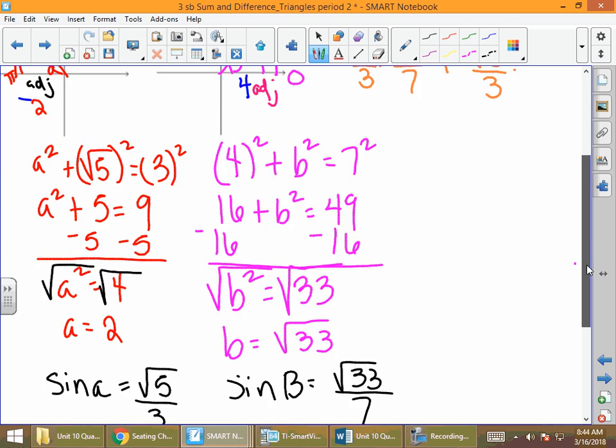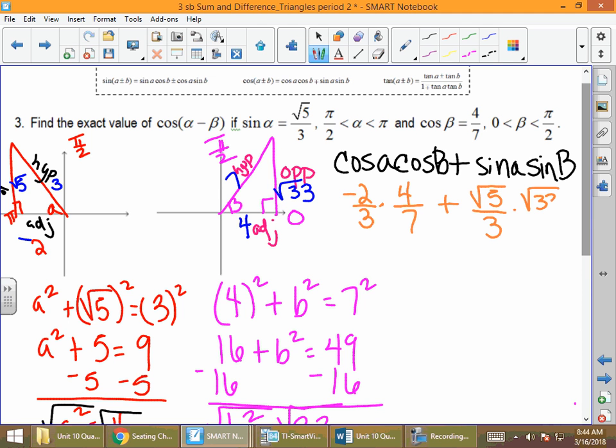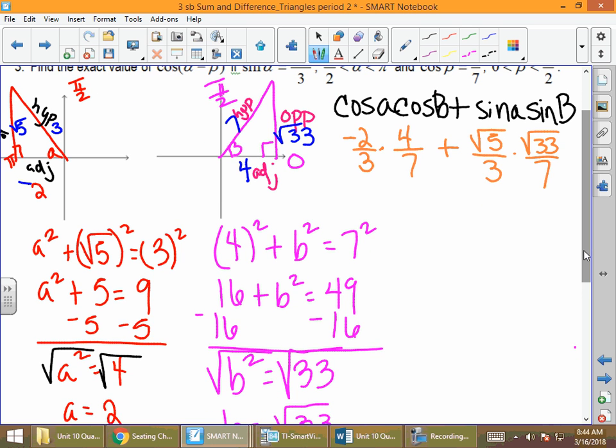And sine of beta is the square root of 33 over 7. And then we're going to multiply. So definitely, again, with your fraction button, if you need to, we get -8/21 there when we multiply the tops together and the bottoms together. Over here, we can multiply the square root of 5 with the square root of 33. And when we multiply those two together, we get the square root of 165 over 21.